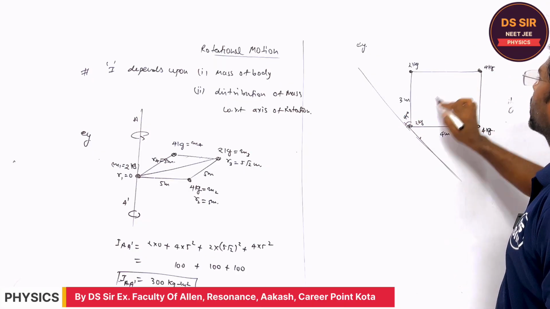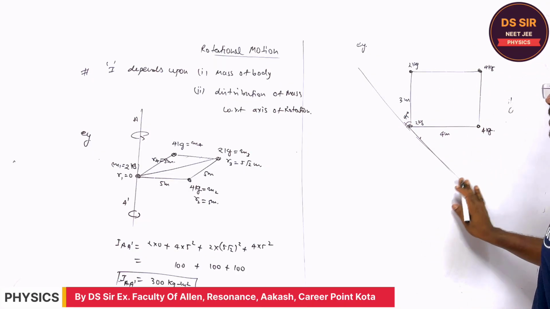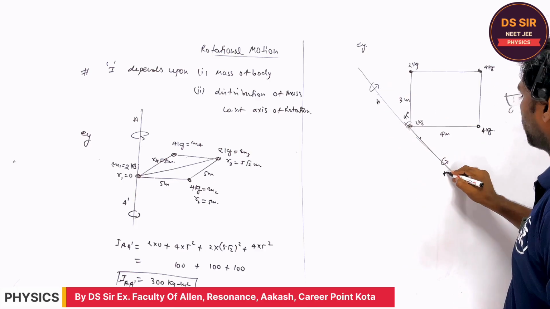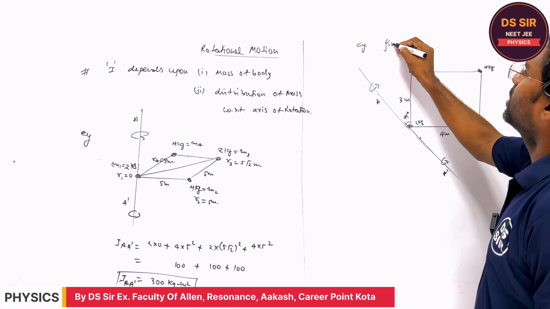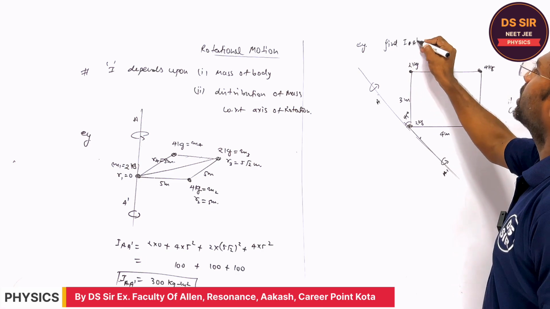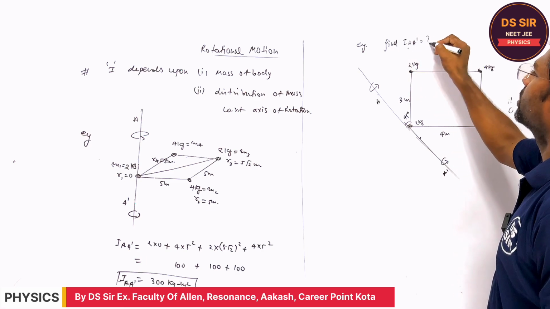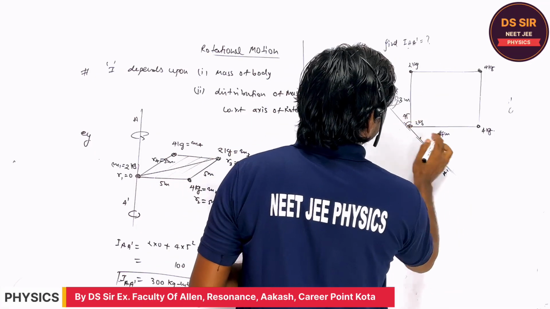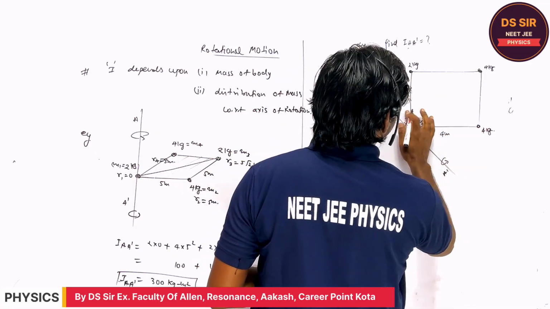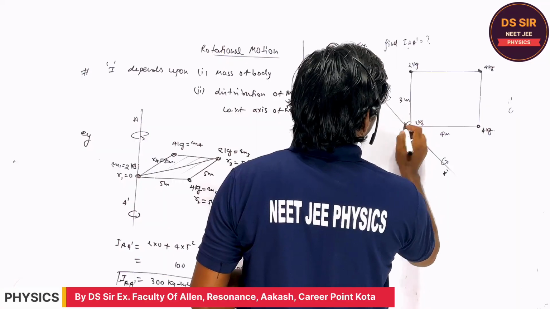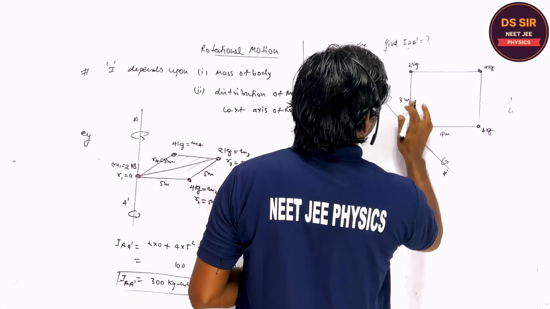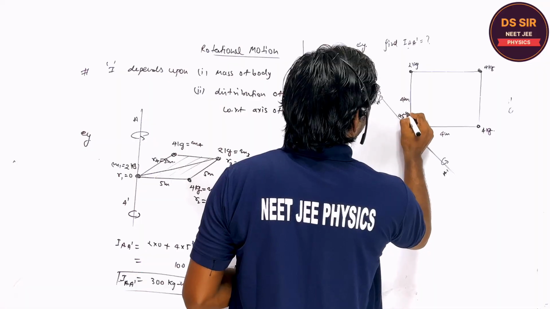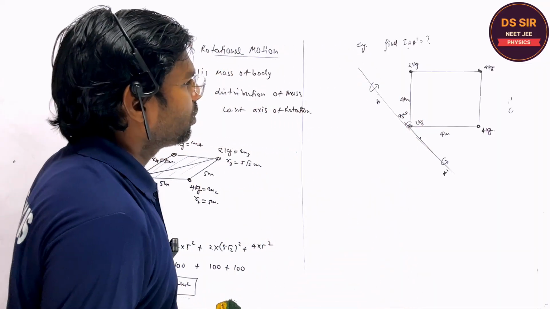This is the rectangle and the point masses are placed. So can you find the moment of inertia about the axis? Find I AA dash. AA dash is the axis of rotation, right? This angle is 45 degree and this is 3 meter and this is 3 meter and this is 4 meter, right? Assume this is also the 4 meter, and this is 45 degree. Are you getting or not?